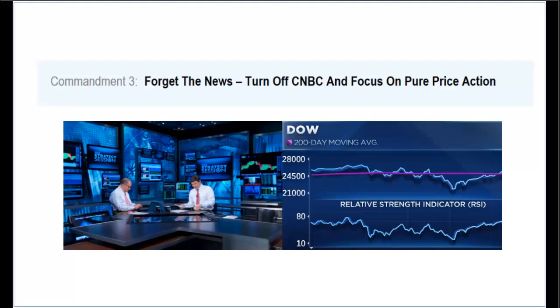We can't guess when the news is going to hit and how the news is going to affect the market and to what extent. Can't do it. So trying to trade off of it is a losing battle. However, we take advantage of big news because we're already in a position that's going in our favor, right? And the news helps propel the market in our favor while we're already in.